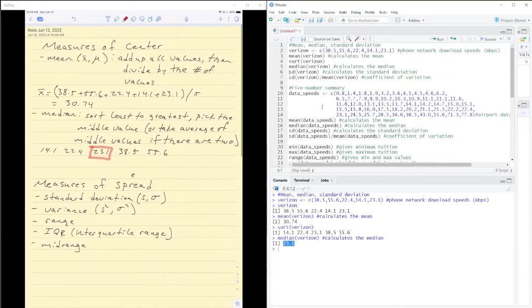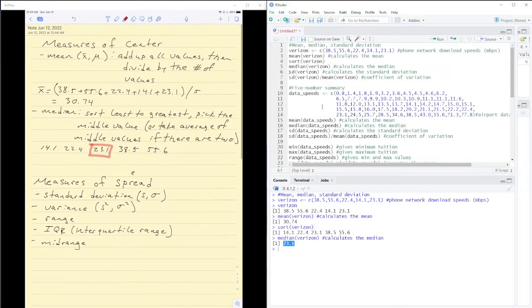So those are different measures of center and spread. One is more of a numerical calculation. The other is more sorting. And notice, if these numbers got any bigger, this wouldn't change. If these numbers got any smaller, this also wouldn't change. So the median is more stable in that sense, that it doesn't matter what the values are, the higher and lower values. If you change them, the median won't change. But if you change any of these numbers in the mean, then certainly your mean will change.